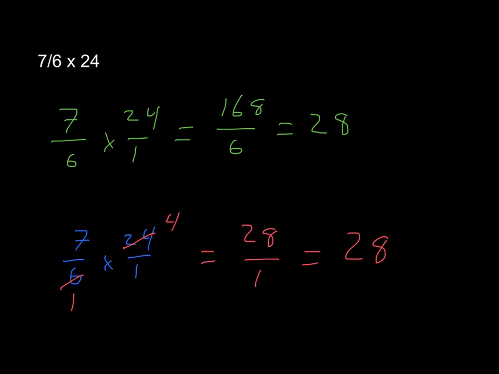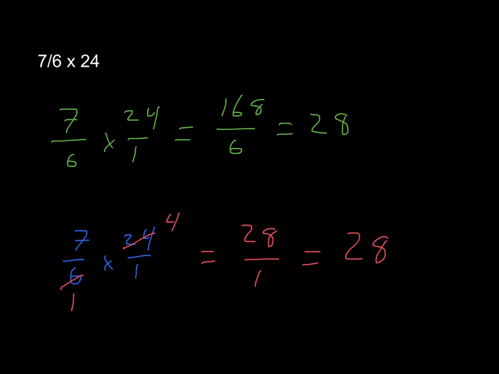Okay, what I can do is what I did at the bottom, where I said that I know 6 goes into 24, and 6 goes into 24 4 times. 6 goes into 6 once. So now all I need to do is 7 times 4, which is 28, and 1 times 1, which is 1, and 28 divided by 1 is 28.